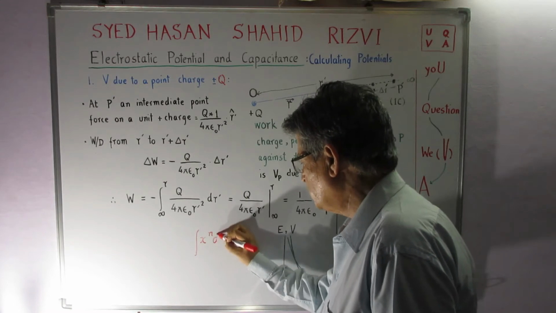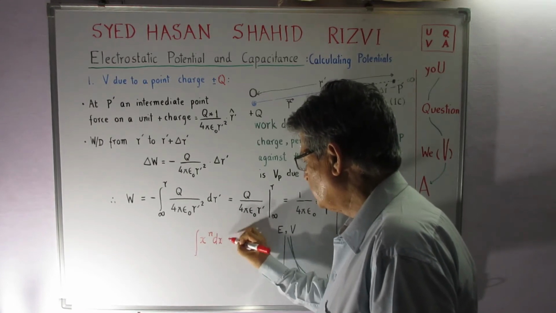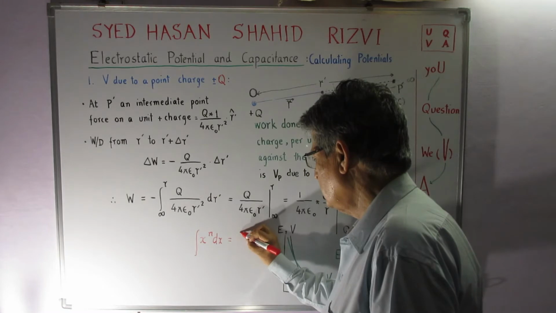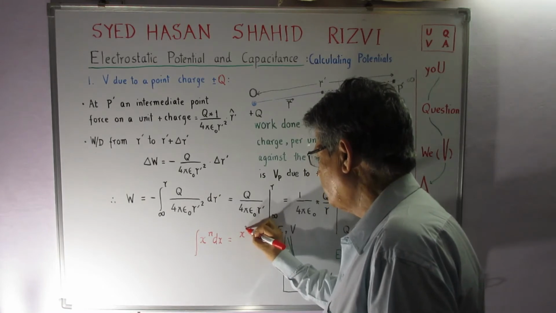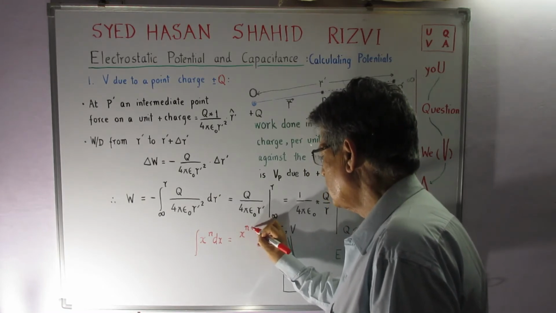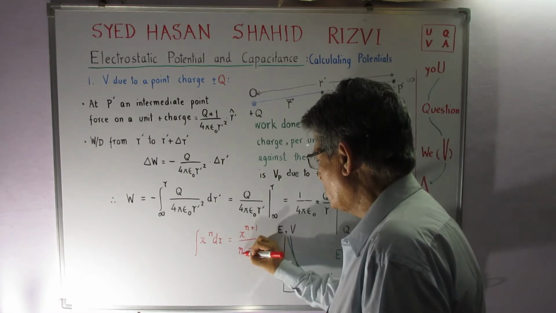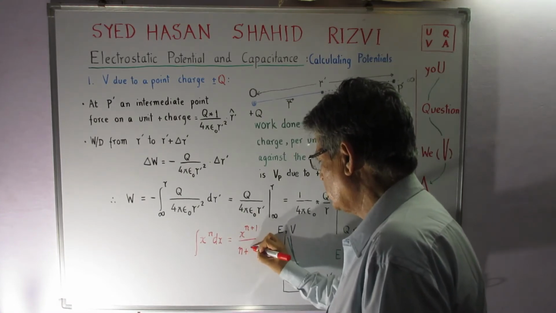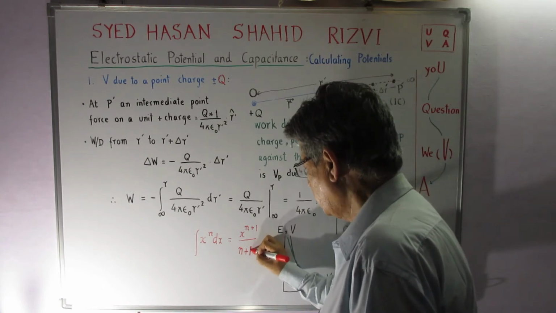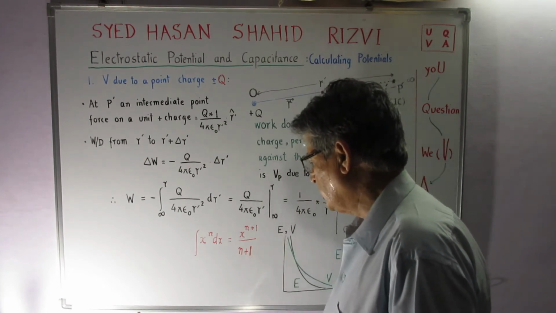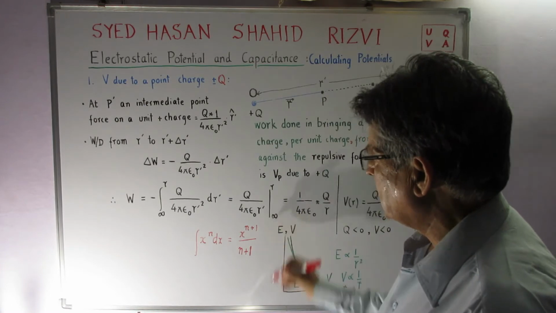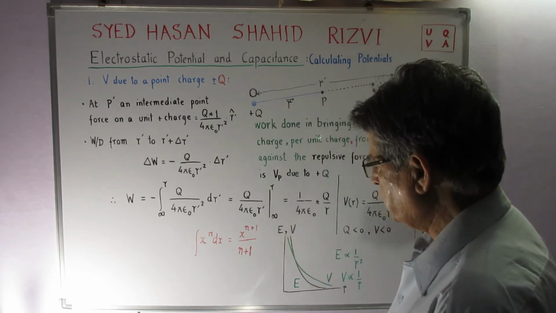dx, how much is that? This is equal to x to the power of n plus 1 divided by n plus 1. This is the formula. I just remind you, particularly the students who don't have a mathematics backup, plus a constant of integration.